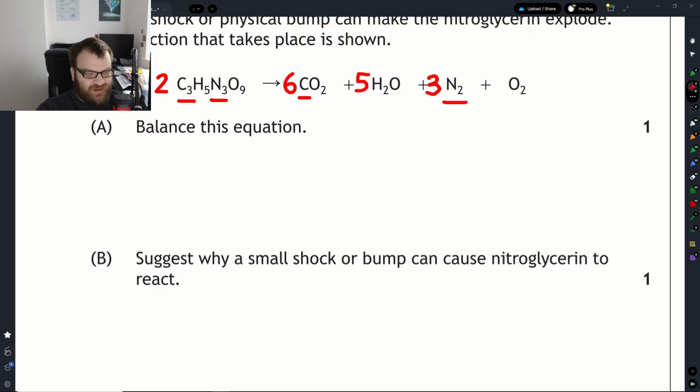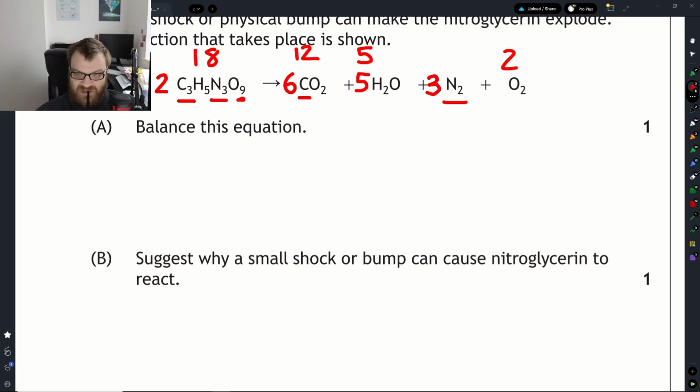And we need to carefully count our oxygen. 9 oxygens here, times by 2, that gives you 18 oxygens. But 6 times 2 gives you 12. Then got 5 times 1 H2Os, 5, put over here, gives you 17.